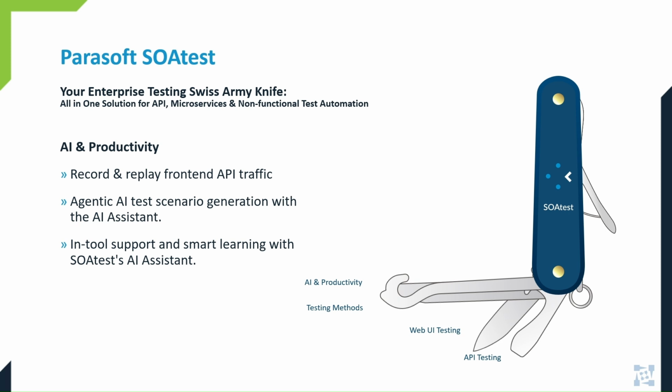It also has optional integrations to large language models such as OpenAI or Azure OpenAI, as well as various others. And this is to enable its agentic AI test generation capabilities with the SOATest AI Assistant. The AI Assistant also offers in-tool support and smart learning, helping users to streamline adoption. Our technical demonstrations today will go over the two AI-powered test generation capabilities.